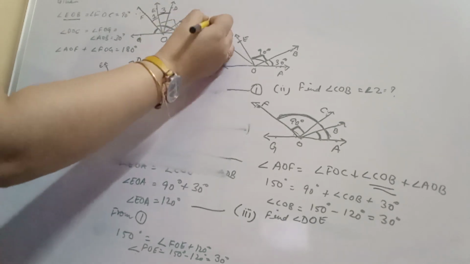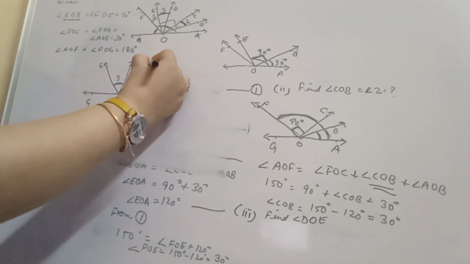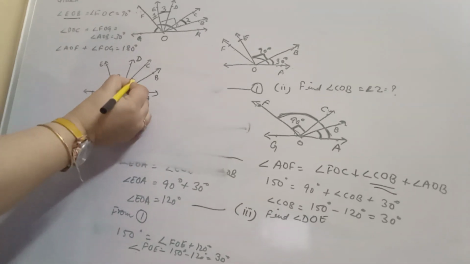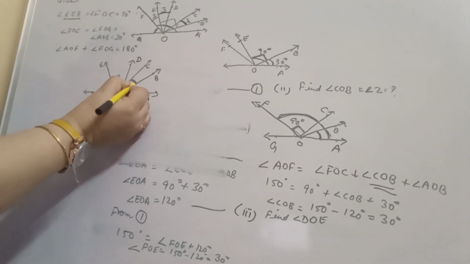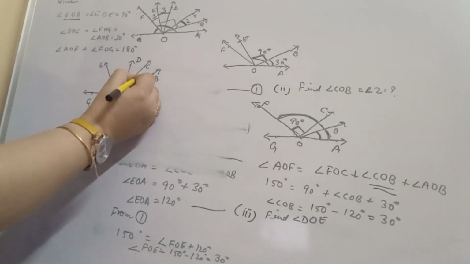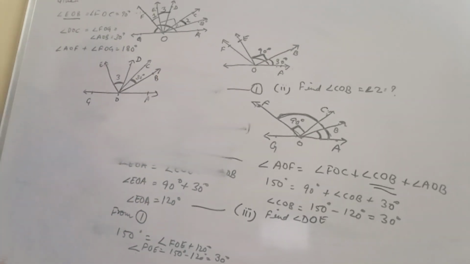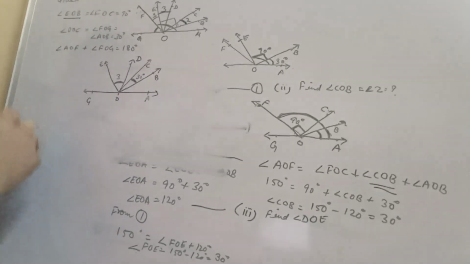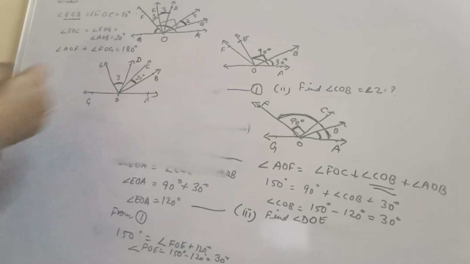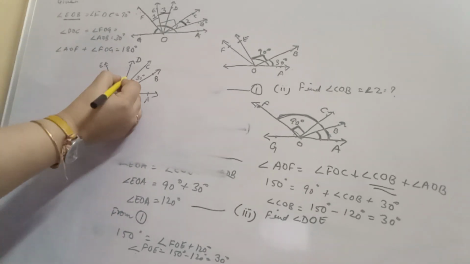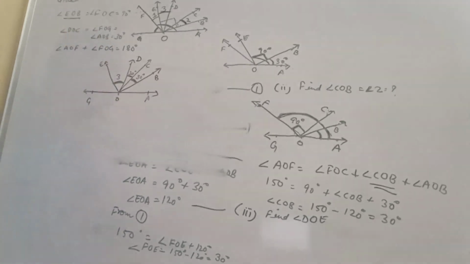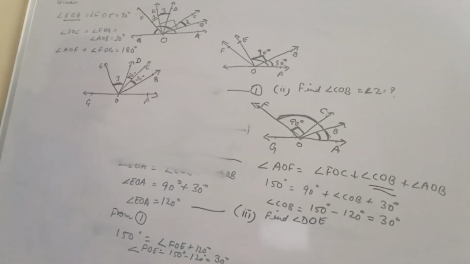In DOB, I have another ray in between, that is C, which I know. COB I have already found. COB was 30 degree. So out of EOB, I know this angle 30 degree. COD is also 30 degree. So I am left only with DOE out of EOB.